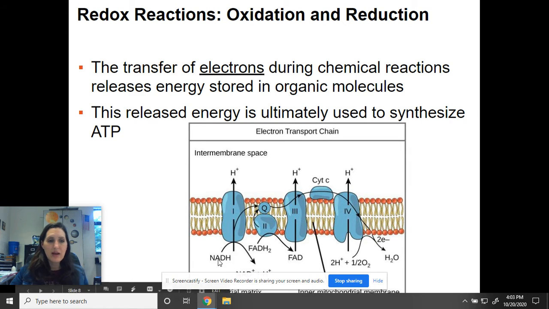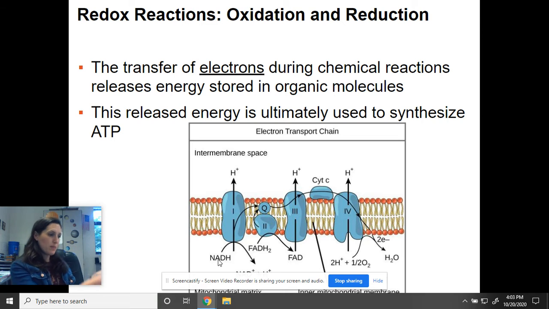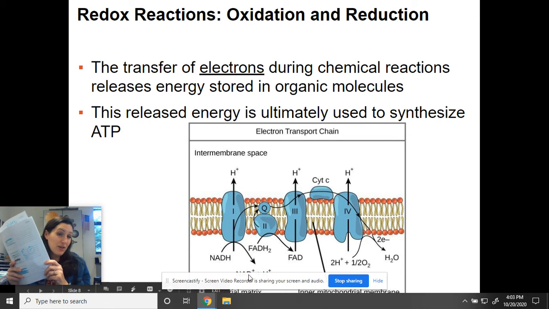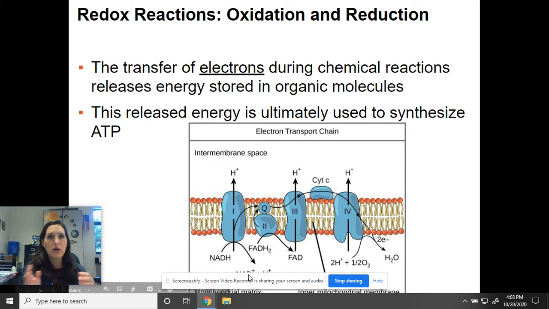So the NADH is basically, he's NAD, he picks up a hydrogen, he's NADH, he drops it off. FAD comes by, he's FAD, he picks up a hydrogen, he's FADH, he drops off the hydrogen. So these two are going to just carry electrons. They're actually coenzymes, so they can be reused over and over and over again. And their whole purpose is to allow that hydrogen to move through the transports.